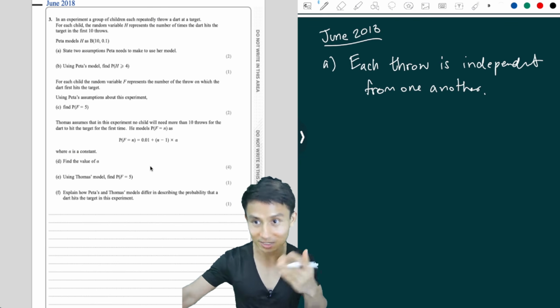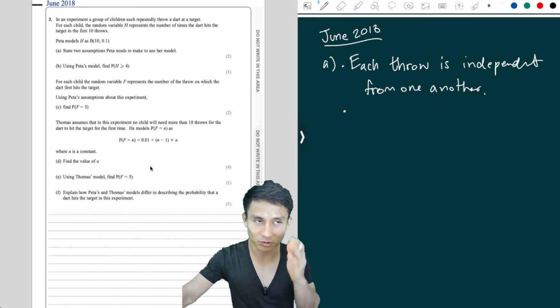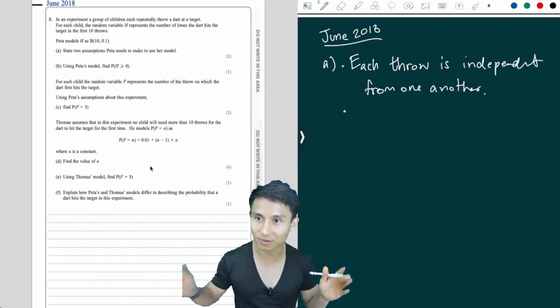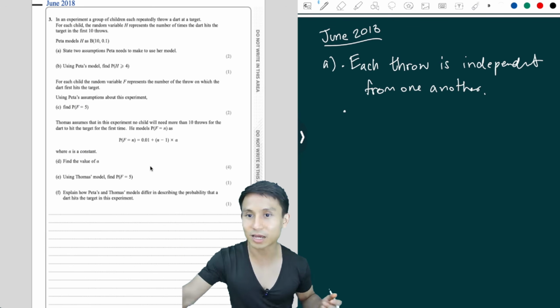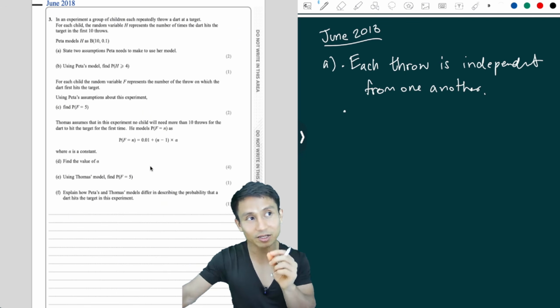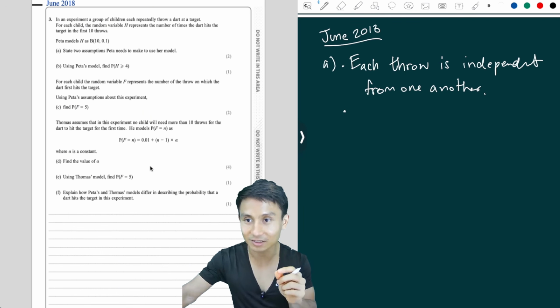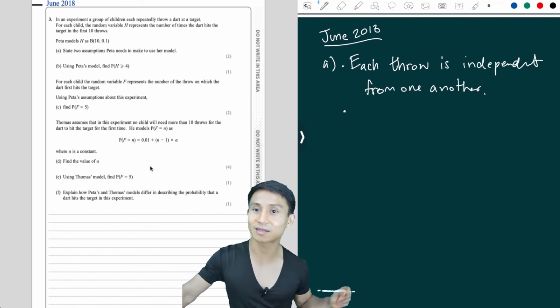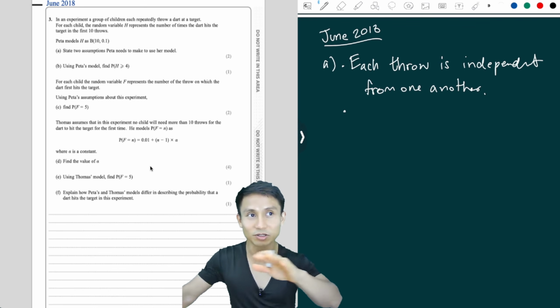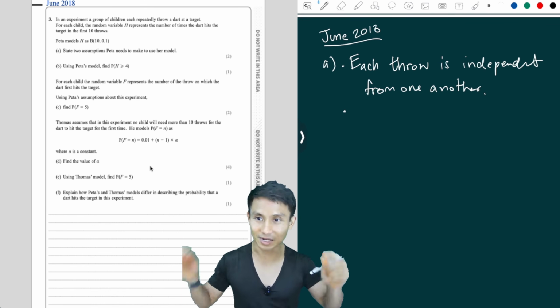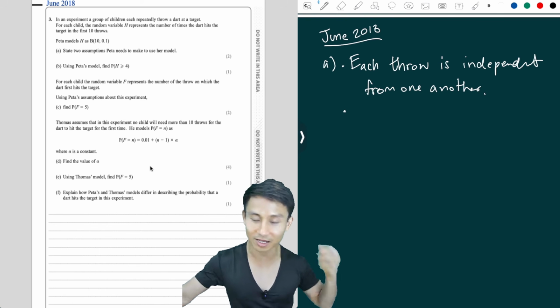But that's the assumption here. So the first one is that the trials are independent. The next one is to say that the probability of hitting the target is constant at 10%. There are just two outcomes: hitting the target or not hitting the target.